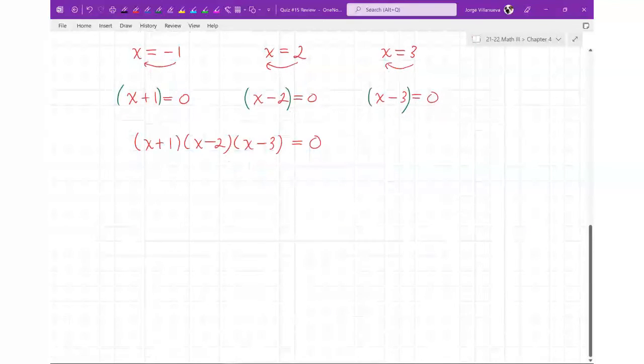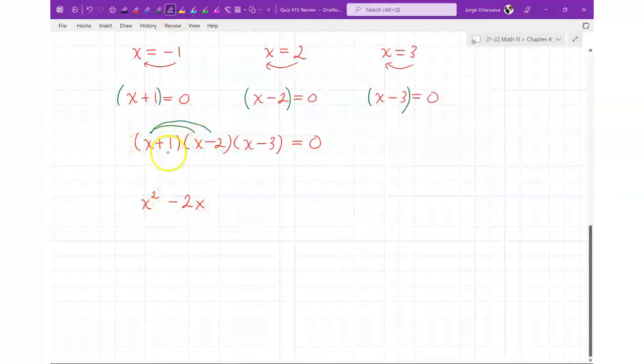So what you're going to want to do is distribute all of this. But notice there's 3 of them, not just 2, right? So just start with the first 2. We're going to do x times x and x times -2. So x times x is x squared. X times -2 is a -2x.